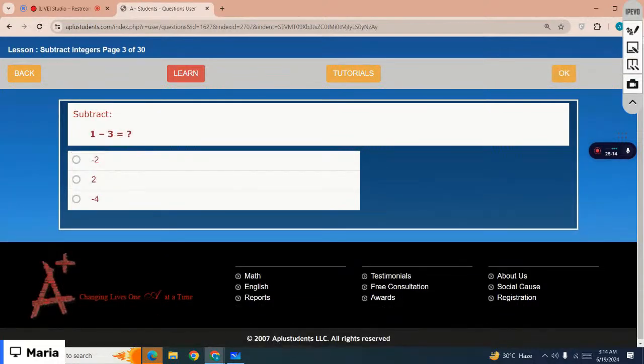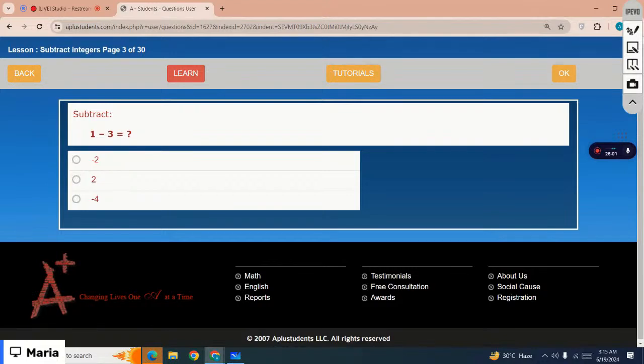1 minus 3, which is the correct option? That is -2.